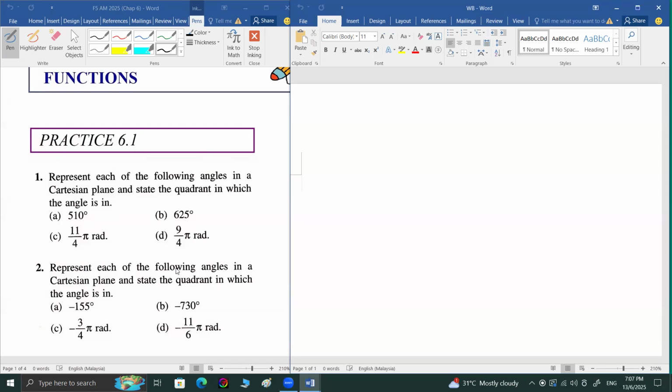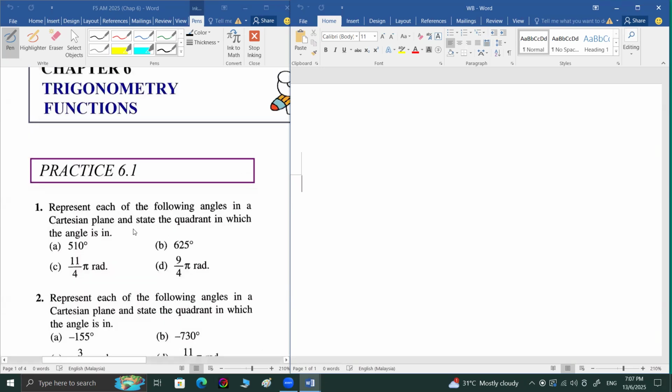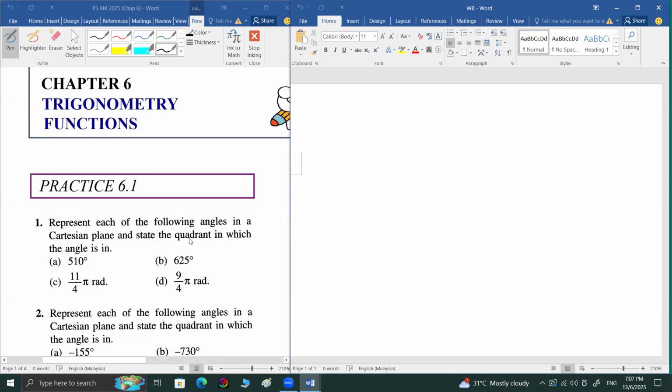You're asked to represent each of the following angles in a Cartesian plane and state the quadrant in which the angle is in. Okay, so what you need to do, okay, we get our class. Right, class, first of all, we see this fourth quadrant, yeah?